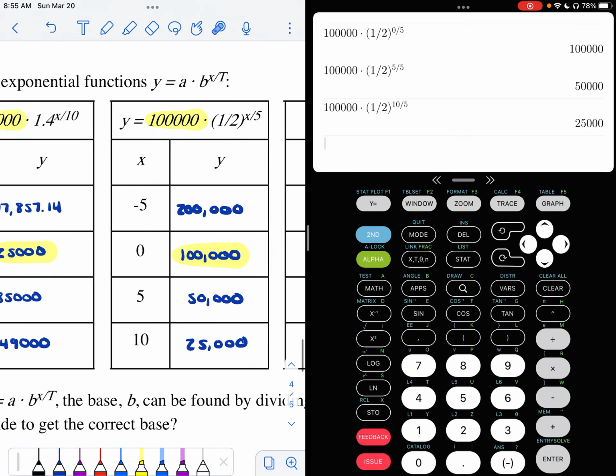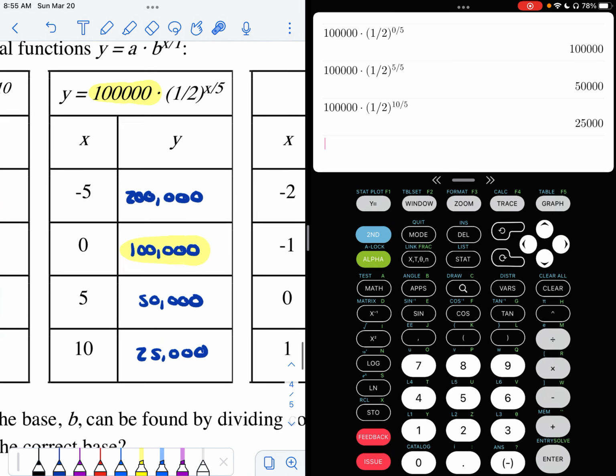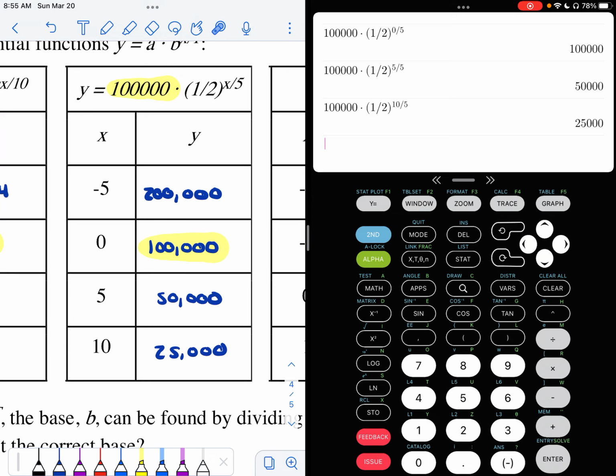Something else I want to point out, which I didn't really point out in the last one because it was tricky to see, but this one is pretty easy to see, is that we can again see that B value, the 1/2, reflected in how our y values change. If we take 200,000 and multiply it by our base of 1/2, we get 100,000. Multiply that again by our base of 1/2, we get 50,000. Multiply that by our base of 1/2, we get 25,000.